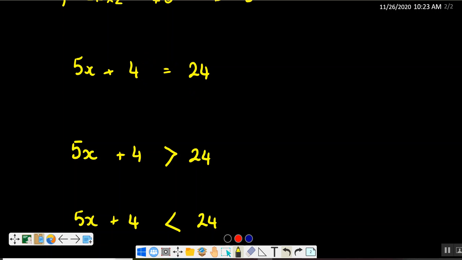Why do I want to know where 5x plus 4 equals 24? In this case, that's the point at which I'm going to start making money. Why would I want to know where 5x plus 4 is greater than 24? Because that's all the area where I'm going to be making money. A break-even point is the precise time, but after that I'm still going to make money.